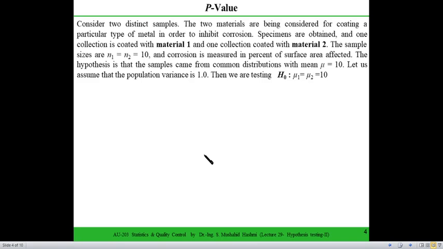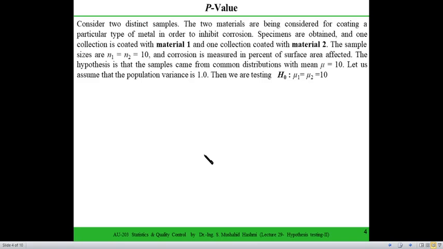The samples taken from both populations would be of the same size. Let's say 10 samples have been taken, and the corrosion is measured as the percent of the surface area that has been affected. So the hypothesis is that the samples come from a common distribution with mean 10 and population variance 1.